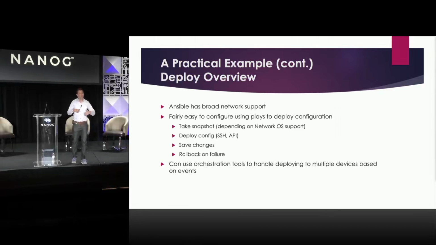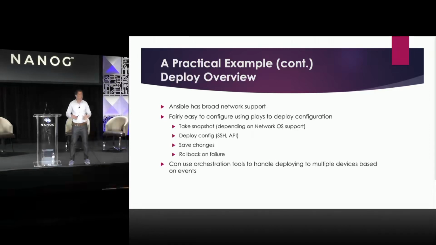If we layered on top of that more orchestration, like a tool like StackStorm or Rundeck, we can potentially do more things. For example, we could deploy this change out to multiple switches at the same time. We could ensure that the change goes through change control properly before it's actually deployed. And maybe we want to automatically deploy the change at 3 a.m. during our change window versus doing it now.